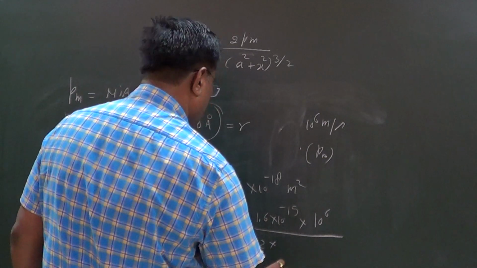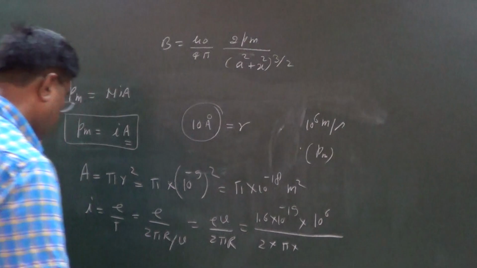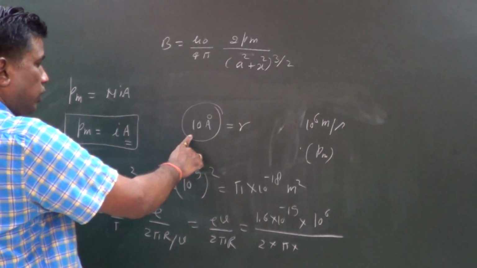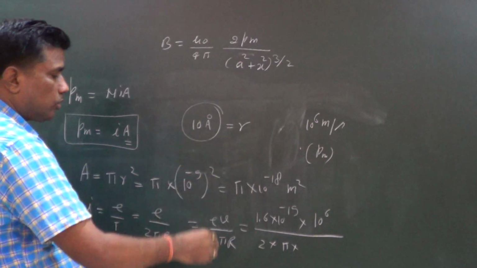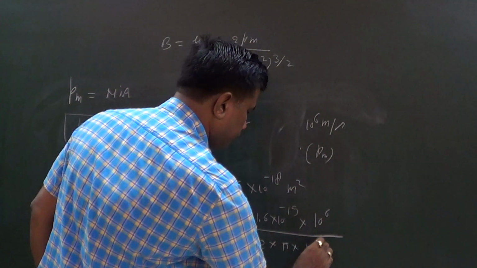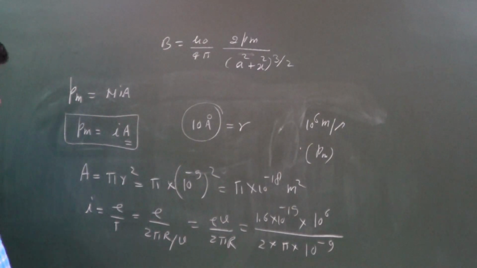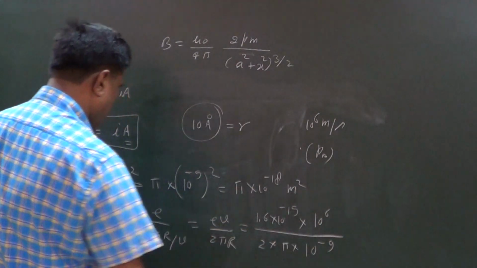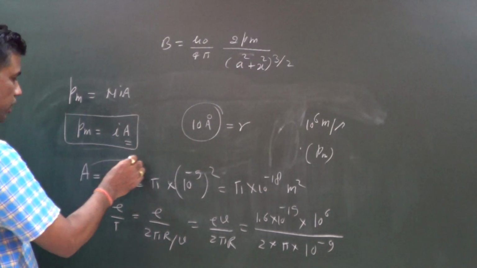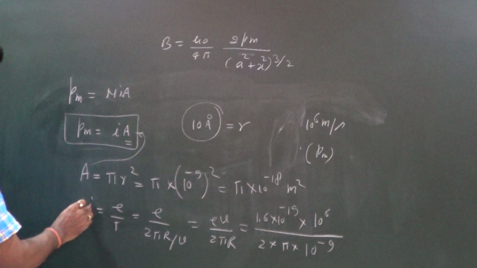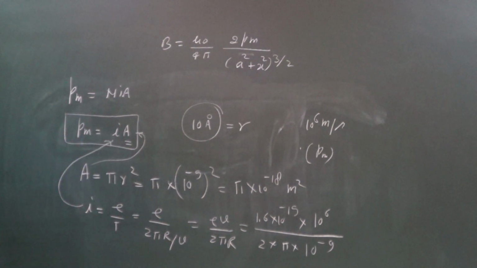Pi has the value 3.14, or you can write in terms of pi, and the radius is given as 10 into 10 to the power minus 10 meter, which is equal to 10 to the power minus 9 meter. So student, one can find the value of current by this calculation and the area by this calculation. Then you can substitute area and current, and find the magnetic dipole moment.